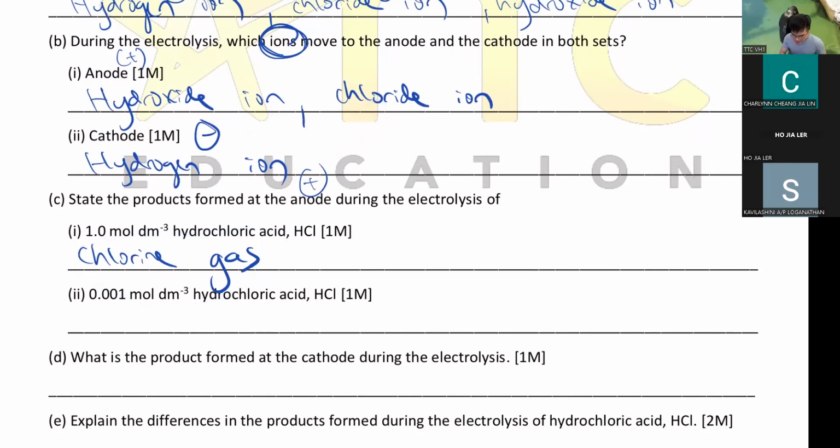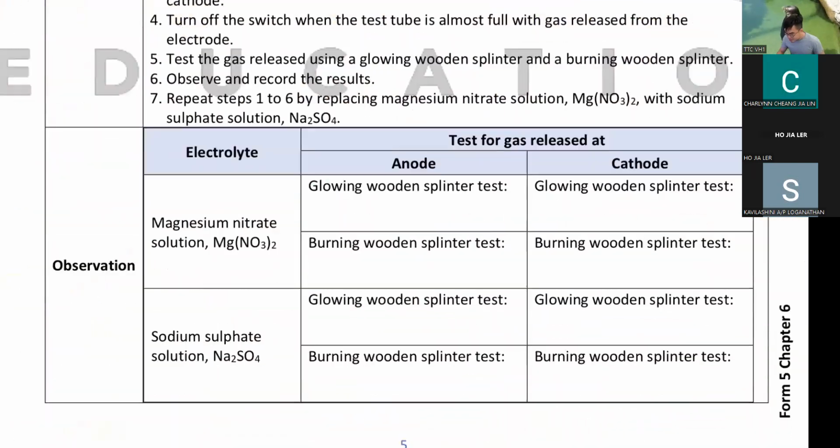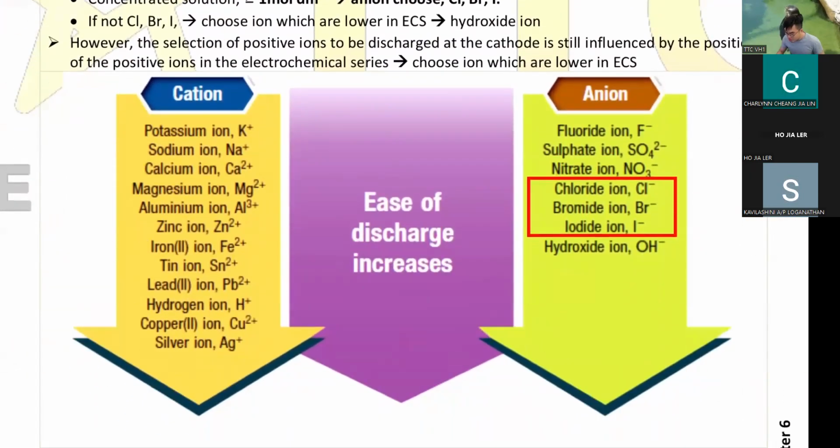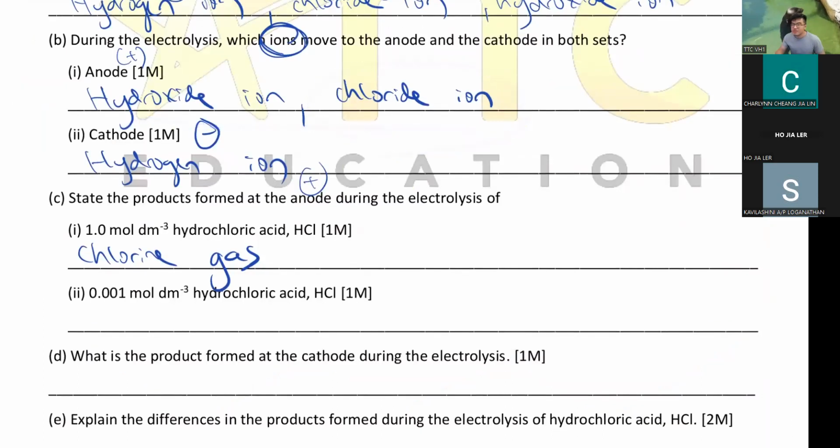Situation 2: instead of choosing the lower one, we will choose the higher one. So in this box, do you see chlorine? Yes, so we choose her. We will never choose something so high here. We will choose this one, if they exist. In this case, they do exist, so I choose chloride.